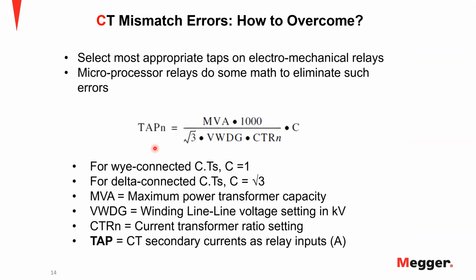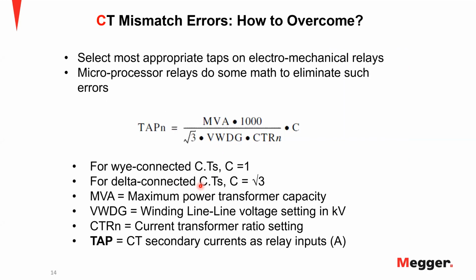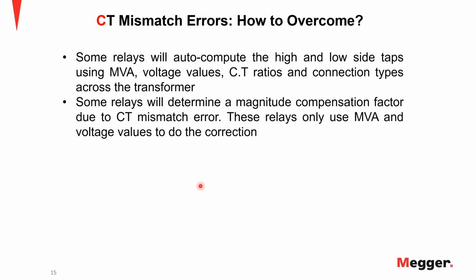Here is an example equation for the tap calculation, which uses information like MVA and voltage for that particular winding, CT ratio, and a constant. This way, microprocessor relays have an option to choose the taps we want. For instance, 4.54 and 4.73 can be used as the taps on a microprocessor relay, unlike an electromechanical one, and that is how we overcome that challenge. Again, these calculations differ from manufacturer to manufacturer, as they have their own methodologies to come up with these tap settings.